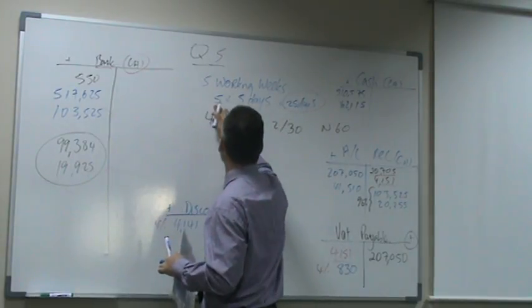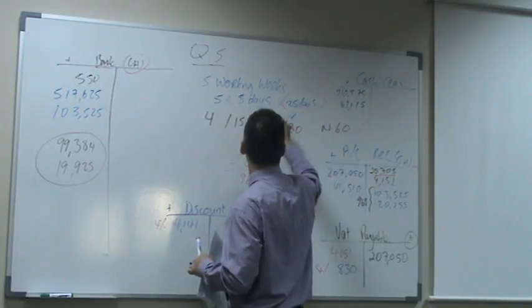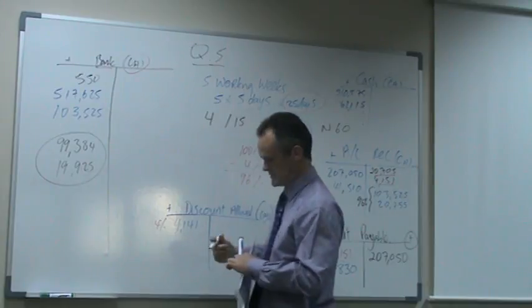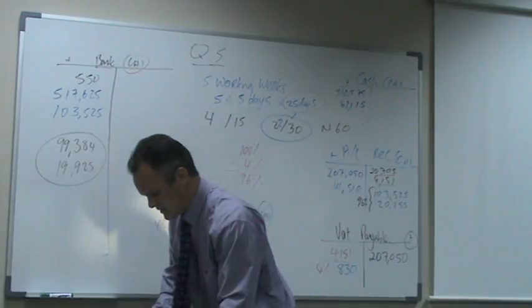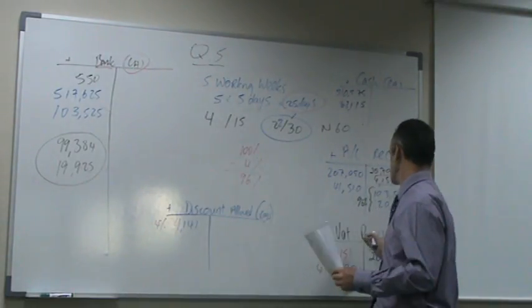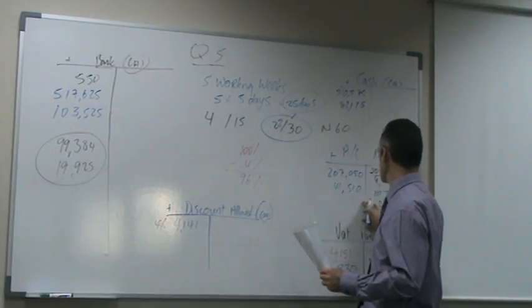So as opposed to falling into that category, it now falls here. So they do get a 2% discount on the 40%. So we've got 40% of our sales here. Now I'll get rid of this to avoid any confusion, because obviously the percentages are going to be different.